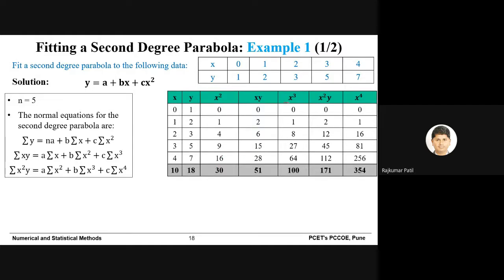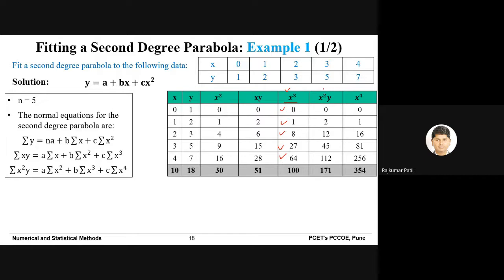Then in column number 5th, you need to find out x cube. So cube of 0 is 0, cube of 1 is 1, cube of 2 is 8, cube of 3 is 27, and cube of 4 is 64.